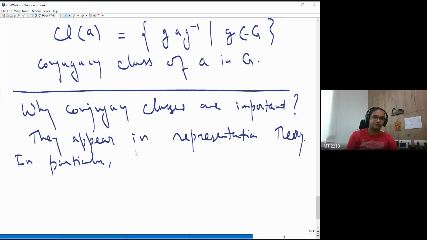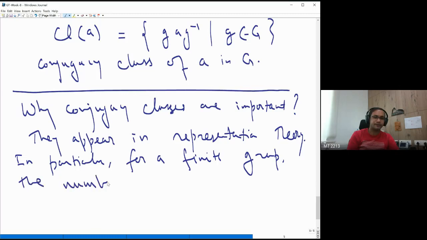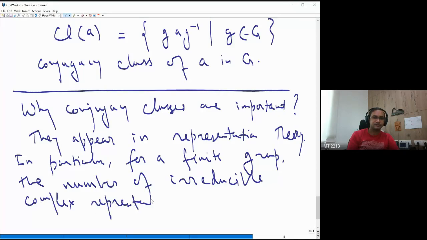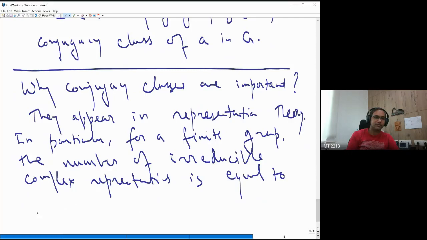In particular, for a finite group, the number of irreducible complex representations is equal to the number of conjugacy classes.